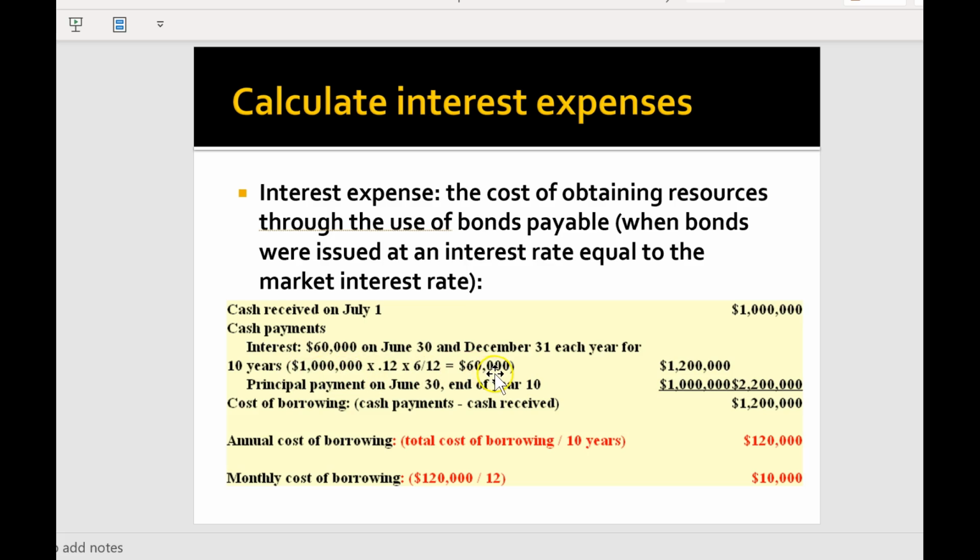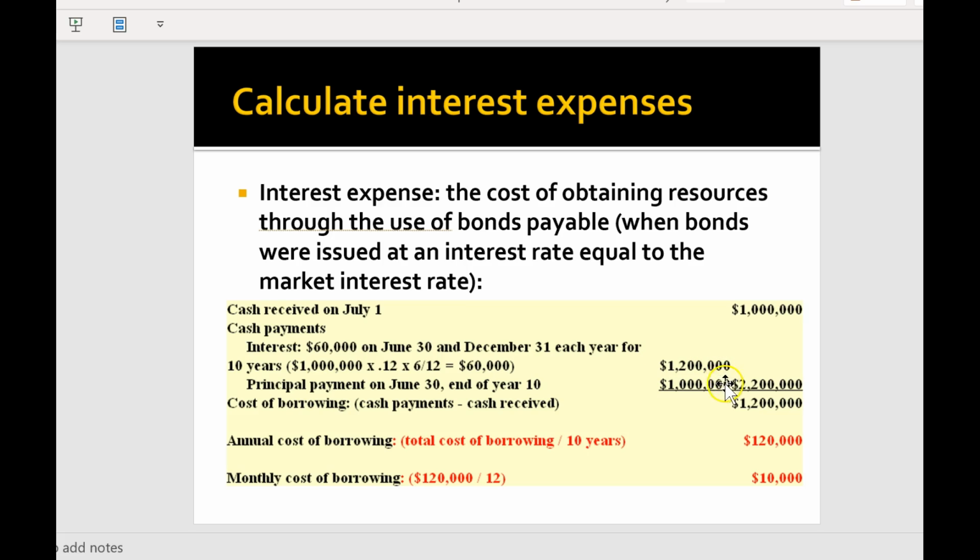So that is $60,000, which means for each check we write to our debt holders for the interest, that's $60,000 each payment. Because we are paying this interest for 10 years, every year twice, that's 20 payments of $60,000 added up to be 1.2 million.